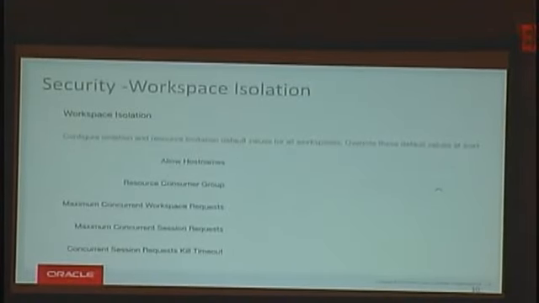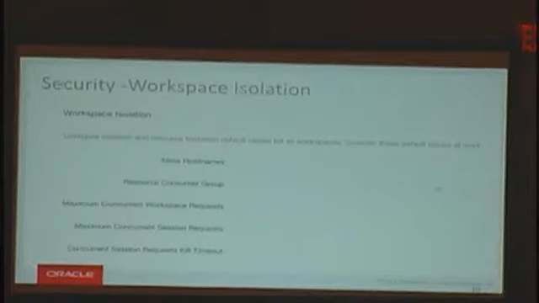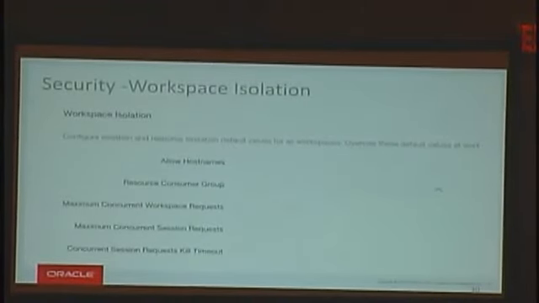You can do that on an instance level for all workspaces, and then on a workspace by workspace level, you can set different settings. Let's say by default we only want to allow 10 concurrent database sessions for a workspace, but workspace A is allowed to have 15, or even a lower number.